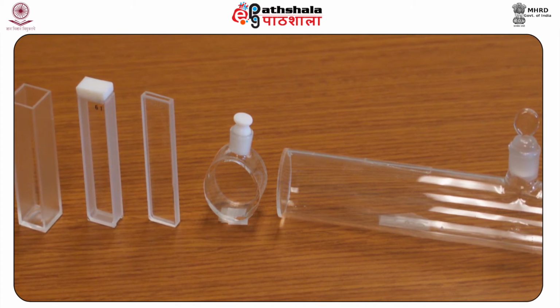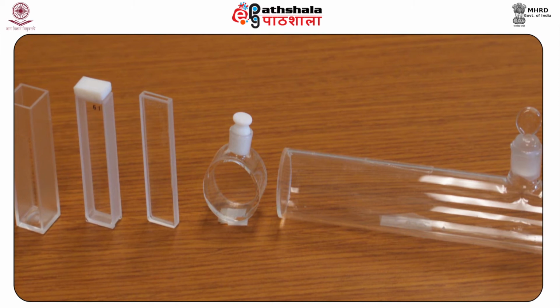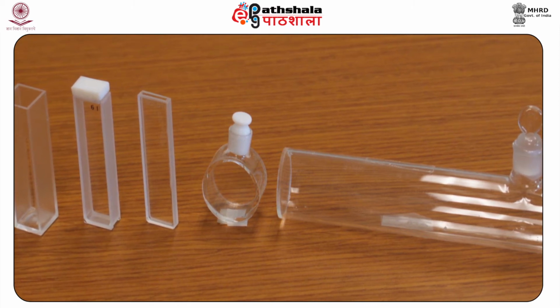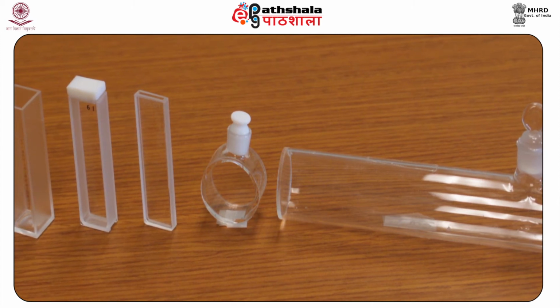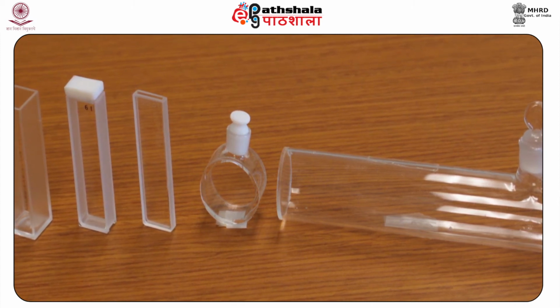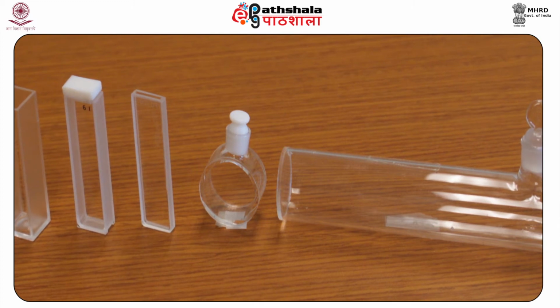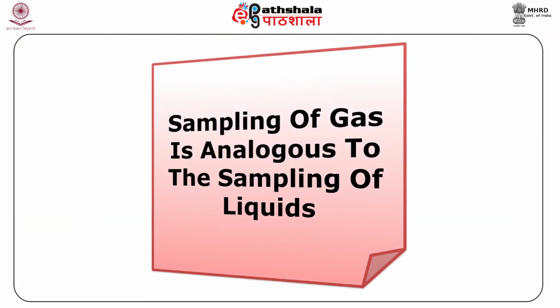Aqueous solvents are not used because they will dissolve the alkali halides in the cell, and hence only organic solvents like chloroform are used. Next is gas. Sampling of gas is analogous to the sampling of liquids.